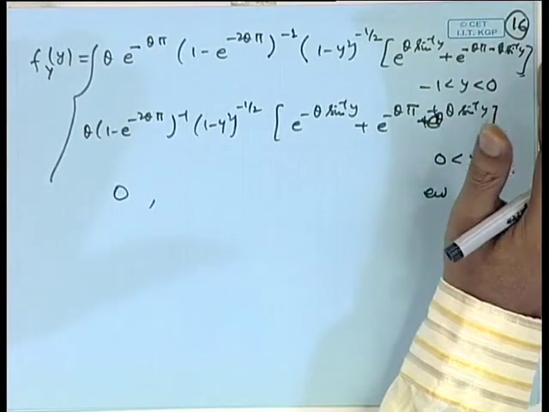So, if the transformation y is equal to g of x is such that the random variable y is equal to g of x is also continuous, then the probability density function of y can be determined in terms of the density function of x. If the function is 1 to 1, there is a direct formula.